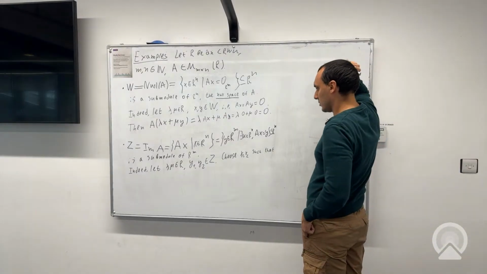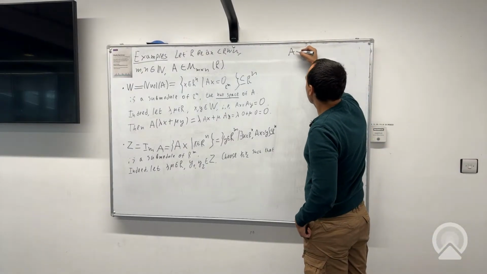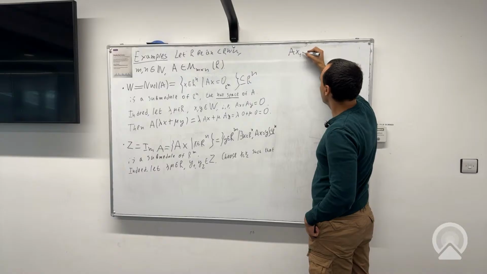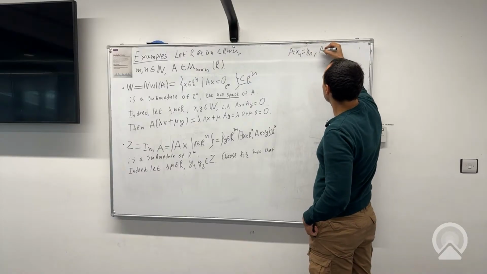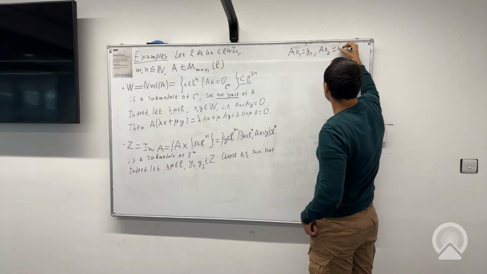such that Ax1 equals y1 and Ax2 equals y2.